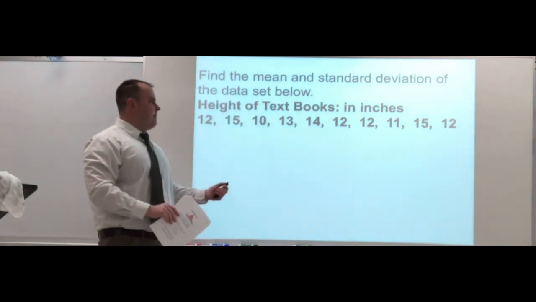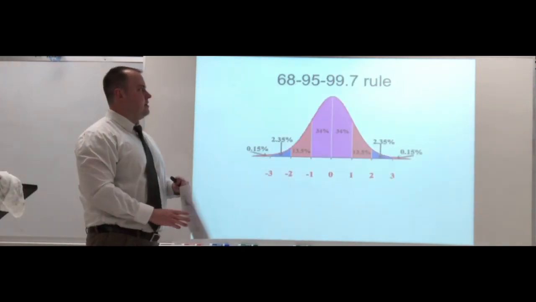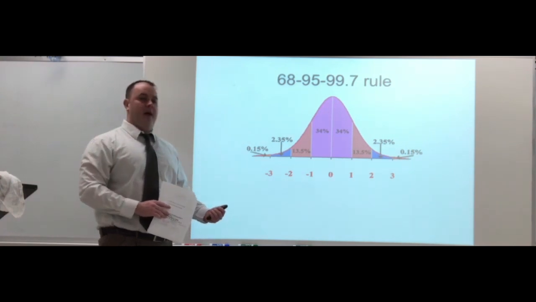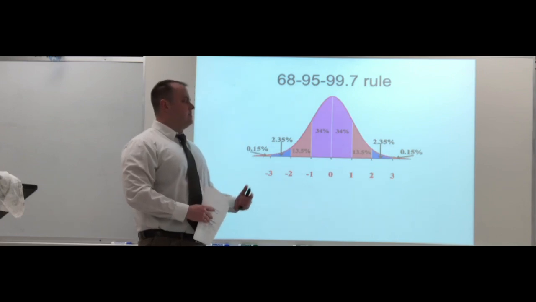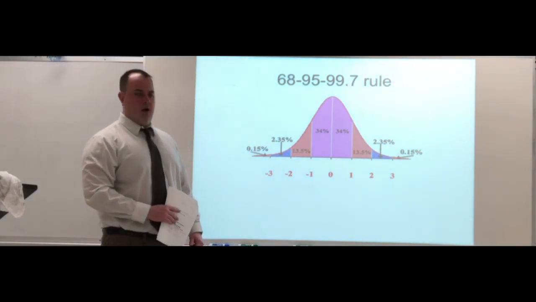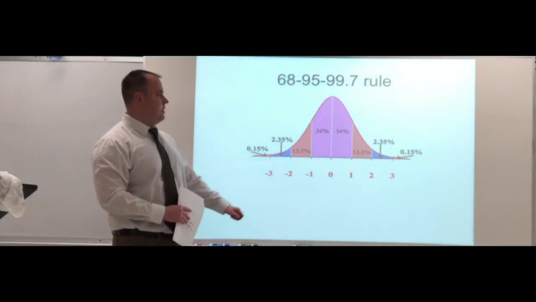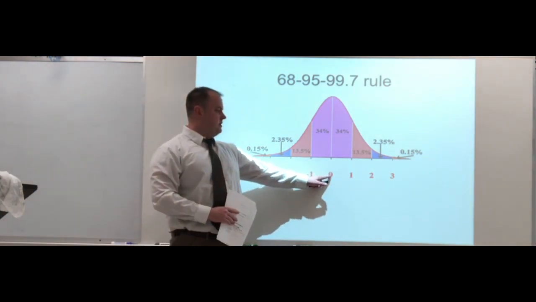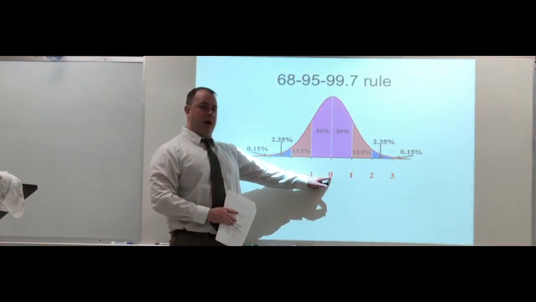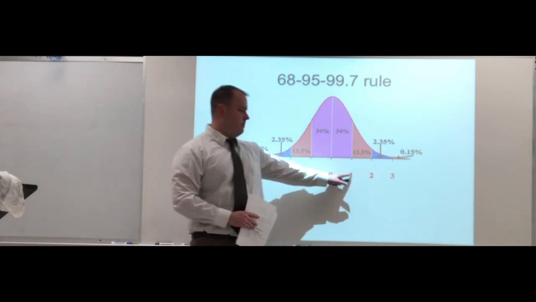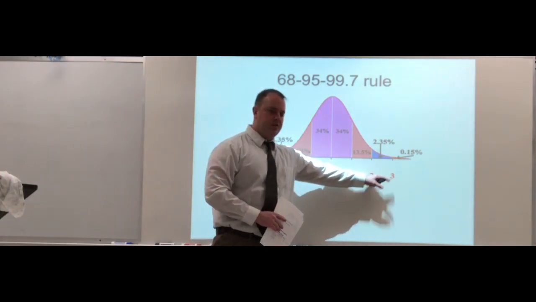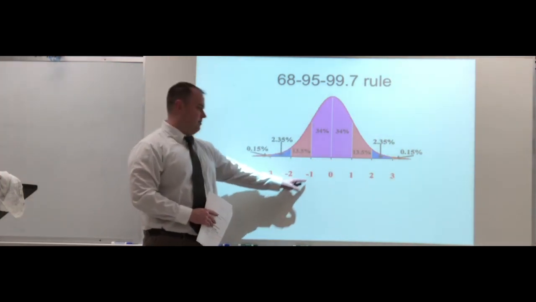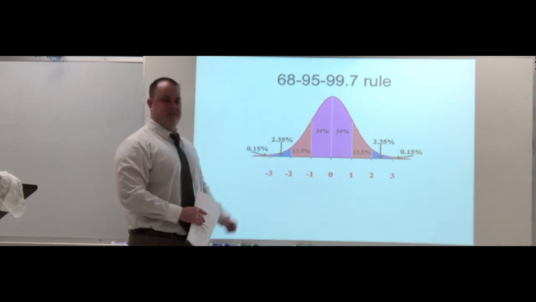And you need that average and standard deviation to now use what we call the 68-95-99.7 rule, also called the empirical rule. What this does is break up our 100% under the curve. And you can see here, this is standardized, where 0 is our average on a standardized scale, and we're counting by standard deviations. 1 standard deviation, 2 standard deviations, 3 standard deviations, and going to the left is the same thing: 1, 2, 3 standard deviations.